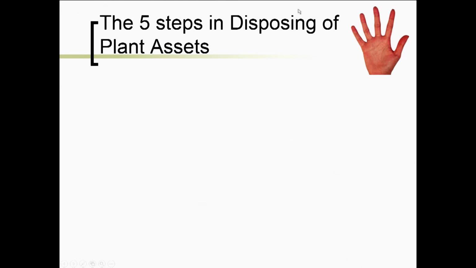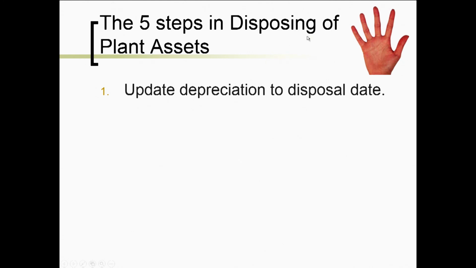Okay, let's talk about how we dispose of plant assets. Now, there are 5 steps in disposing of plant assets, okay? The first step is we're going to update depreciation up to the disposal date, okay?